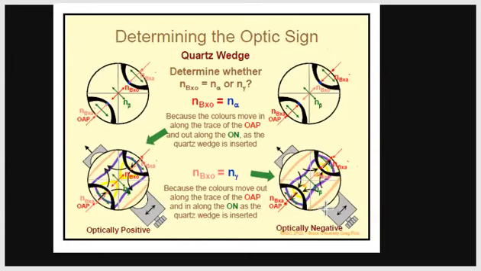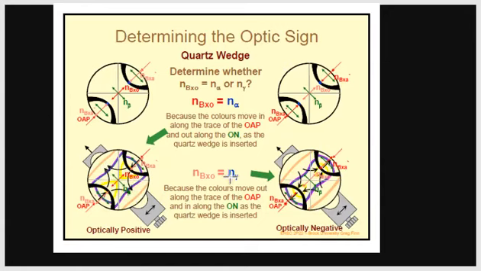If you're using a quartz wedge, you have to be slightly careful. The quartz wedge is a wedge-shaped plate with varying retardation. What you will notice is that in the case of BXO equal to N alpha, the colors move in along the trace of the optic axial plane and move out along the optic normal. That is the indication that this is optically positive.